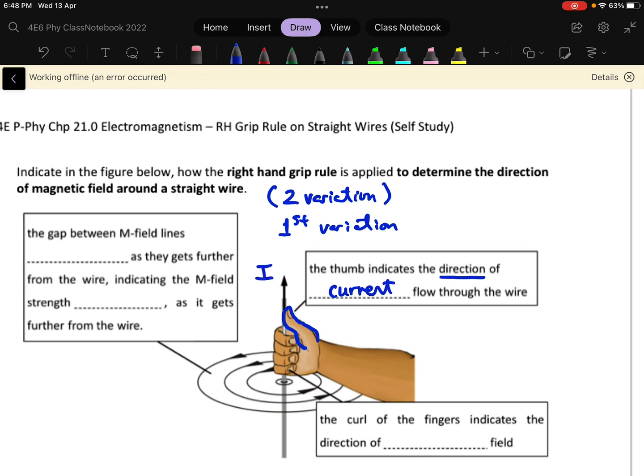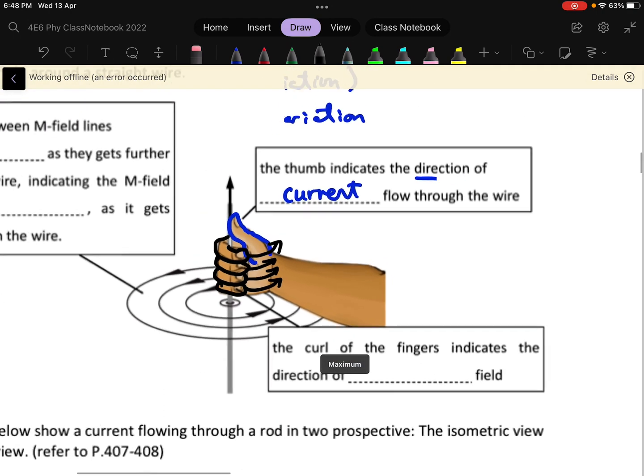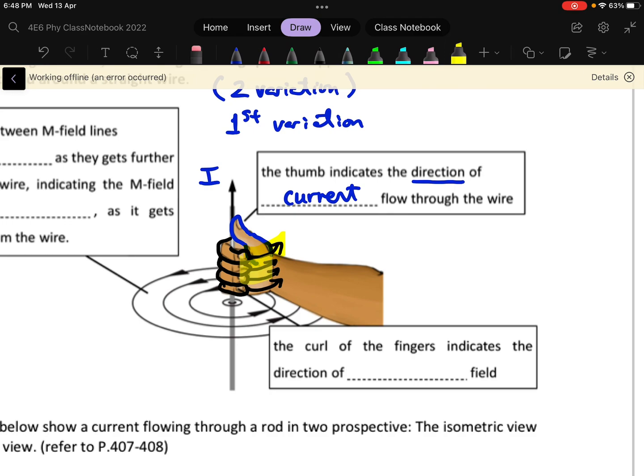So this is your current, and the rest of the fingers indicate the direction of the magnetic field line. You can imagine it like Wolverine, from the fingers that are curled, and you can see that the direction of the curl matches with the magnetic field line.